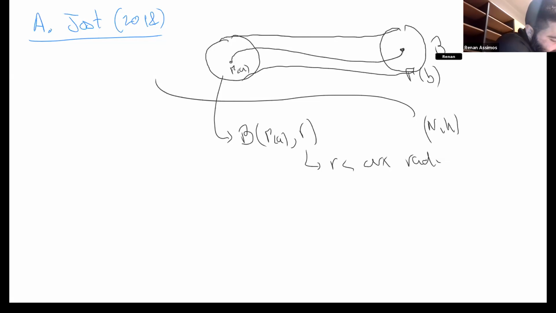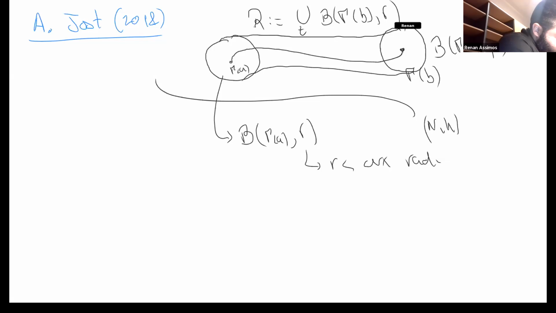This last set here is B gamma B R. If we call this region R, it is by definition the union of all these balls. We will put some conditions on such a region, given by the union of such a family of balls, so that we cannot find harmonic maps in a region like this. The condition we are going to put, I will write right now, is the following.